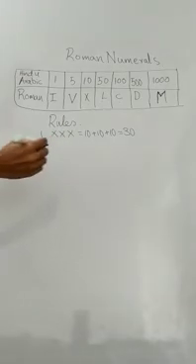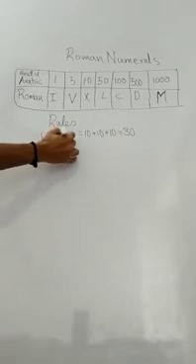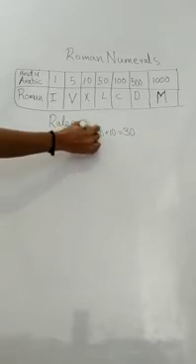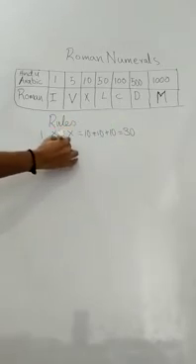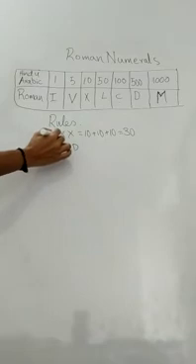Second rule: in the first rule it is told that if you repeat the Roman numeral this way, it means adding. But you cannot repeat 5, 50 and 500 the way you are repeating this.